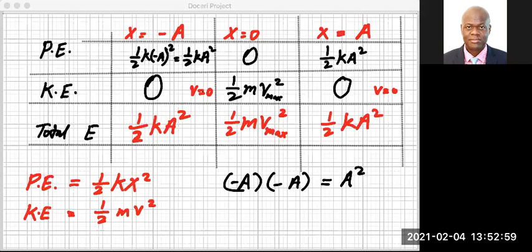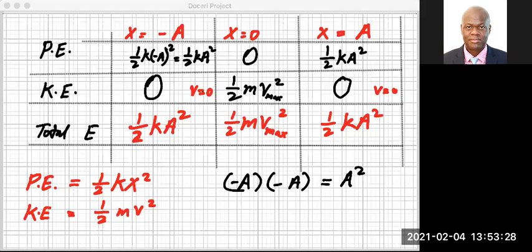That's the statement. So that means as you go from the amplitude to equilibrium to the other amplitude, at all points, the total energy of the system must be the same. If the energy from one amplitude was different from the energy at equilibrium, that would mean that some energy has been created or destroyed, which is contrary to what is known.